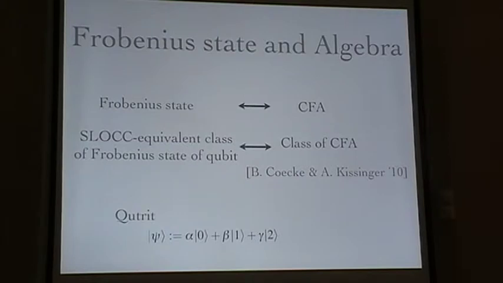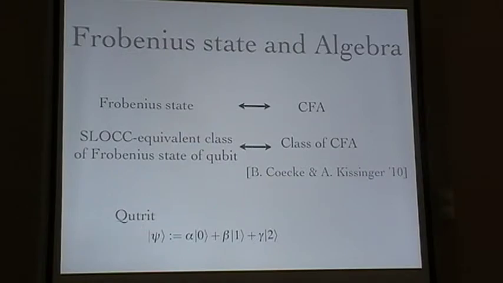However, for other dimensional quantum systems, this correspondence has not been known yet. Then, in this study, we extend this method to a qutrit, which is a 3-dimensional quantum system, and express it like this.